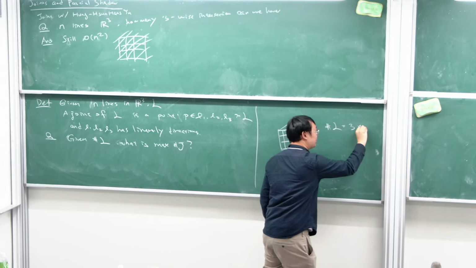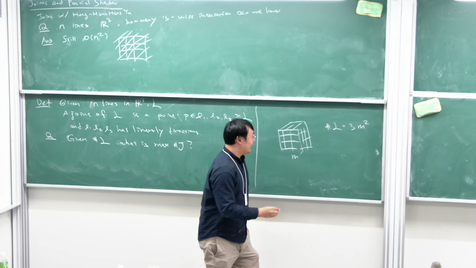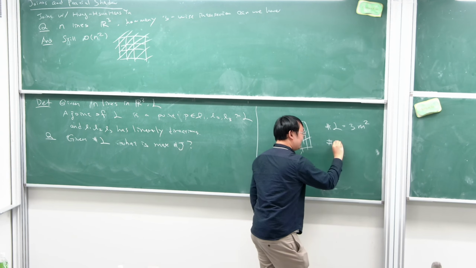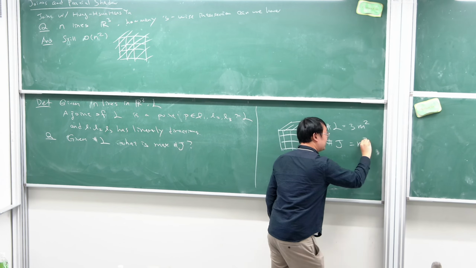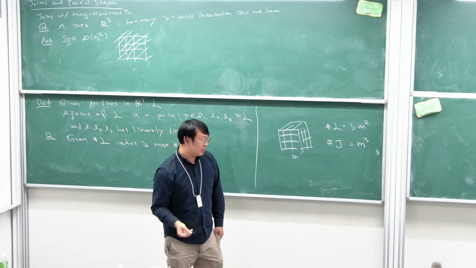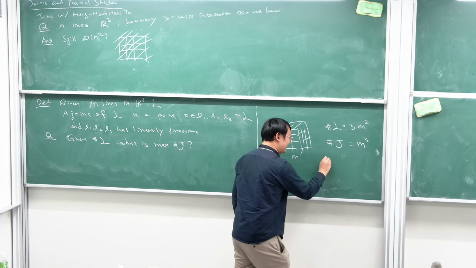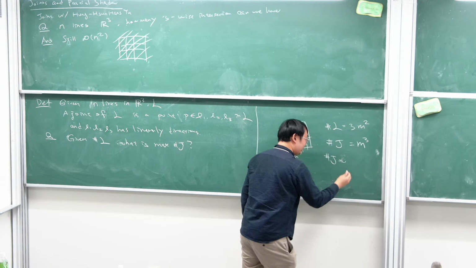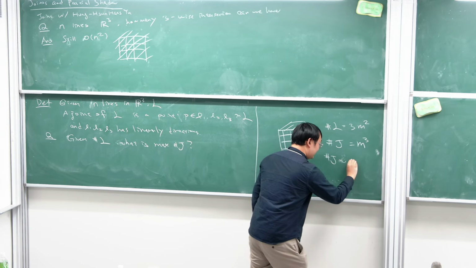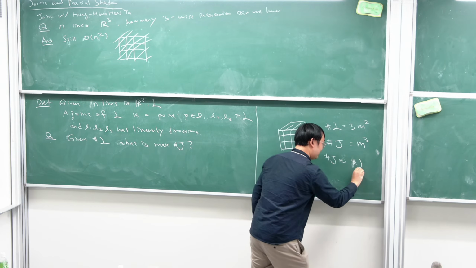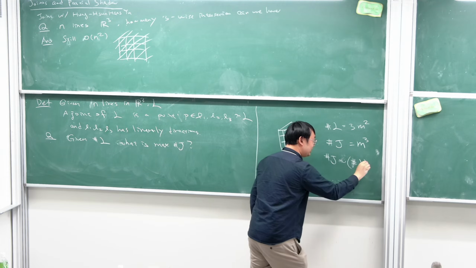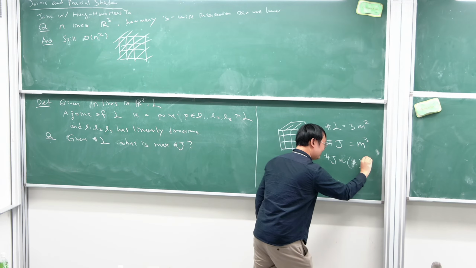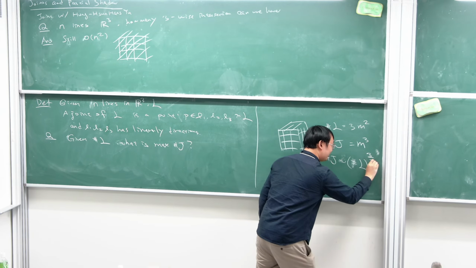So we have 3m squared many lines, and we have m cubed many joints. So the order of magnitude should be something like the number of joints J is of the order of the number of lines to the exponent 3 halves.